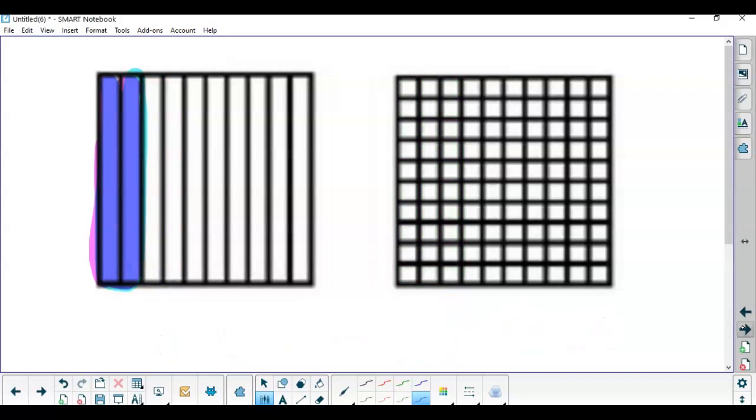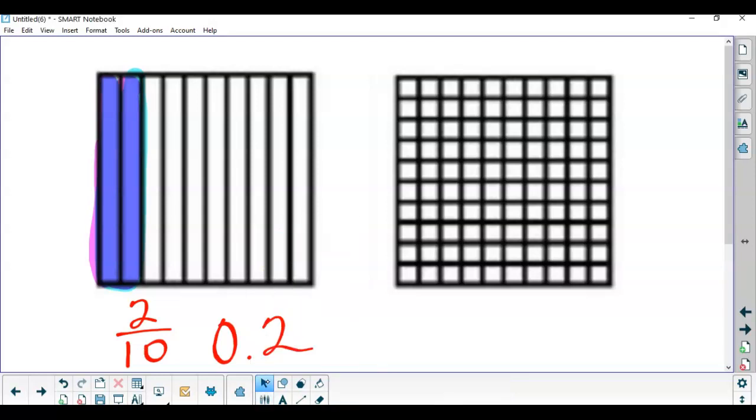All right, let's look at the model on the left. What fraction would I write for the model on the left? Good, 2 tenths. Now, if I shade the same exact amount in on my hundredths grid, what would I write for my fraction and decimal for hundredths?